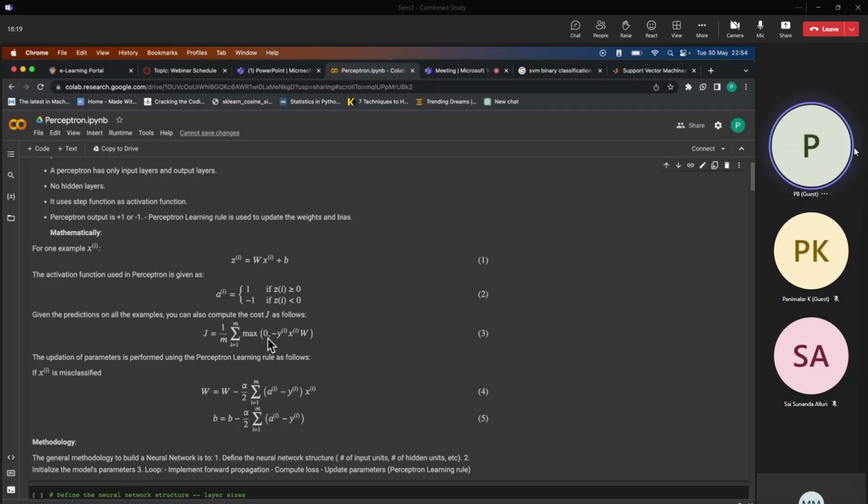So in this function, 0 and this value, we don't take a negative value because we do not want our perceptron to take on any negative value. Negative value as in, if this value is negative, then it will be multiplied with a negative here.